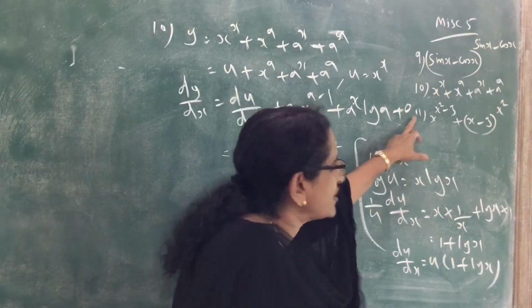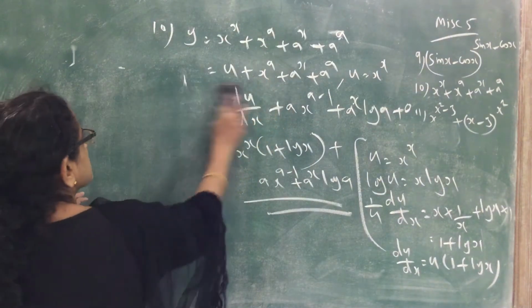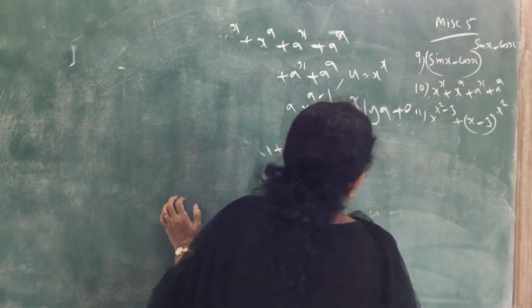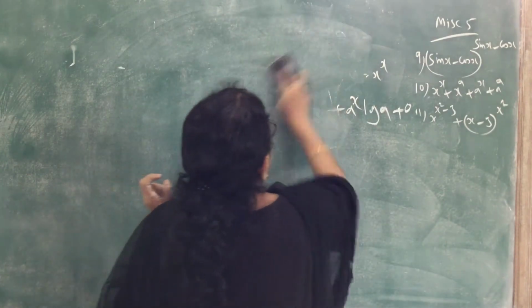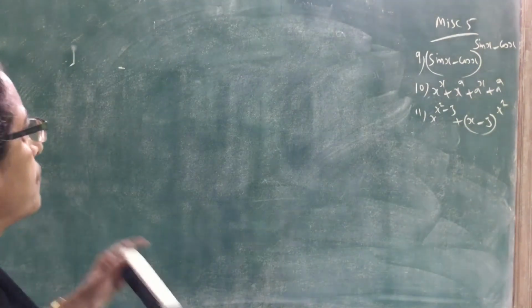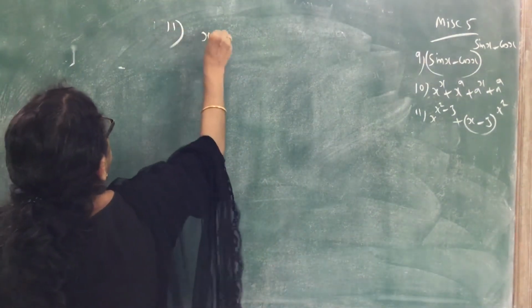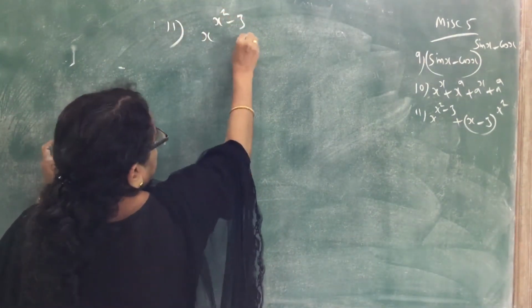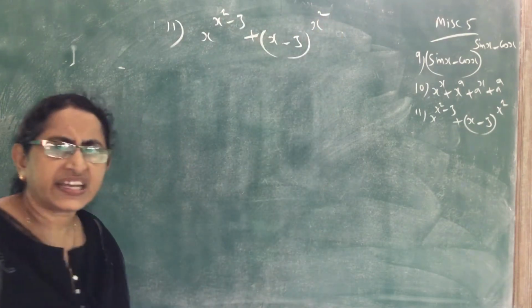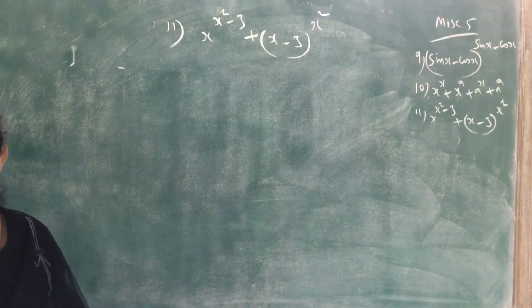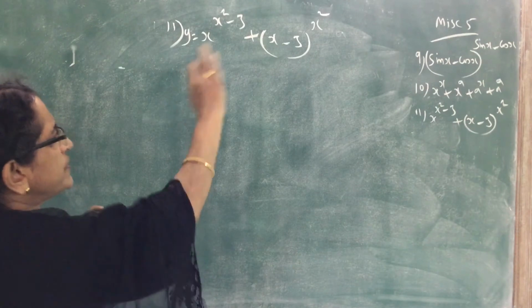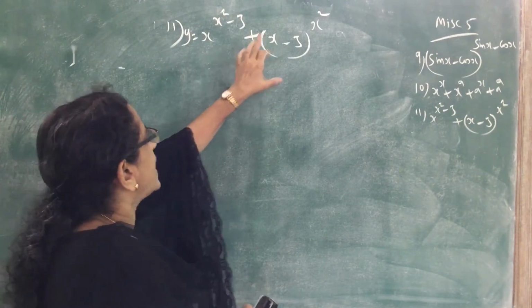Now see the 11th one: x raised to x square minus 3 plus x minus 3 whole square. See the function, it is a sum of two functions. We can take y equal to this function, one function plus the other function.